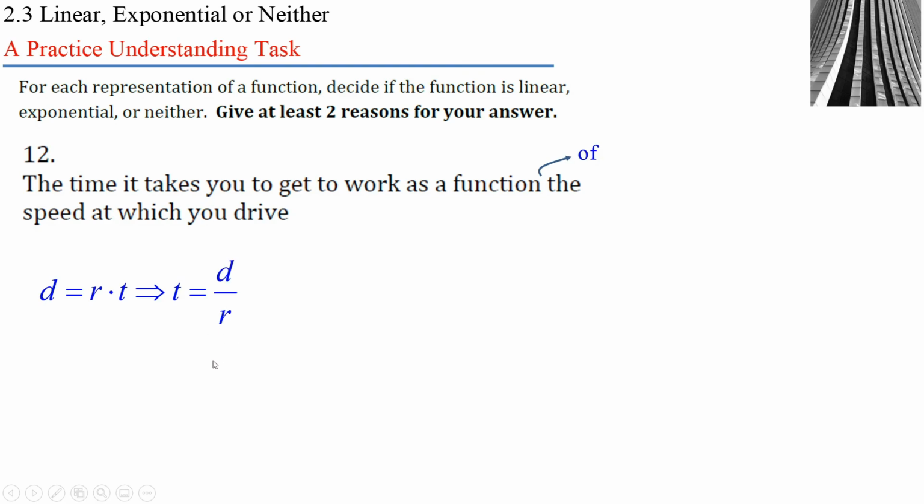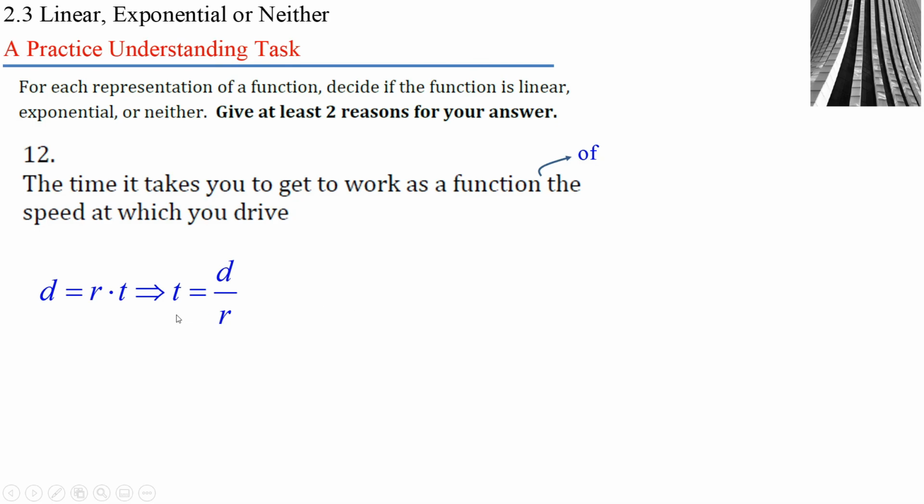So the time it takes me to drive anywhere is the distance I travel divided by the rate at which I am driving, or my speed. All right, and that's assuming that I'm driving at a constant rate, which is rarely true around here, but let's make this simple.